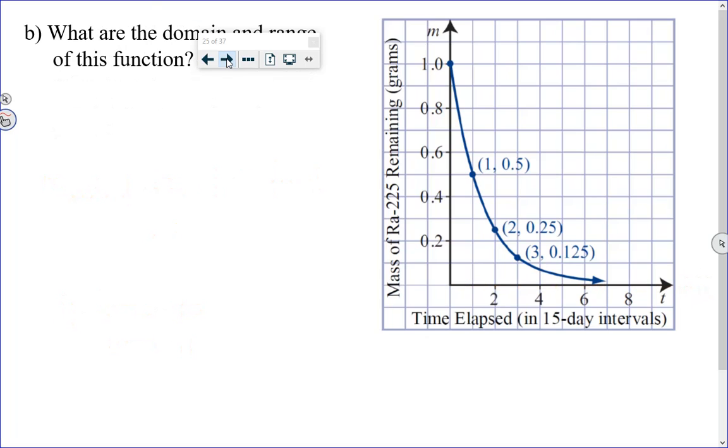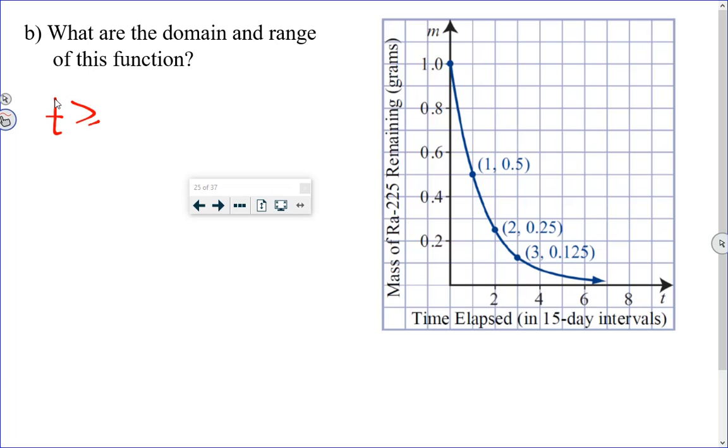Next question, what are the domain and range? Well, you have to look at the context of the question here. The domain is t is greater than or equal to 0. If this were just an exponential function with x and y, we would probably just say the domain is any real number. But you cannot have a negative time. What is the range?